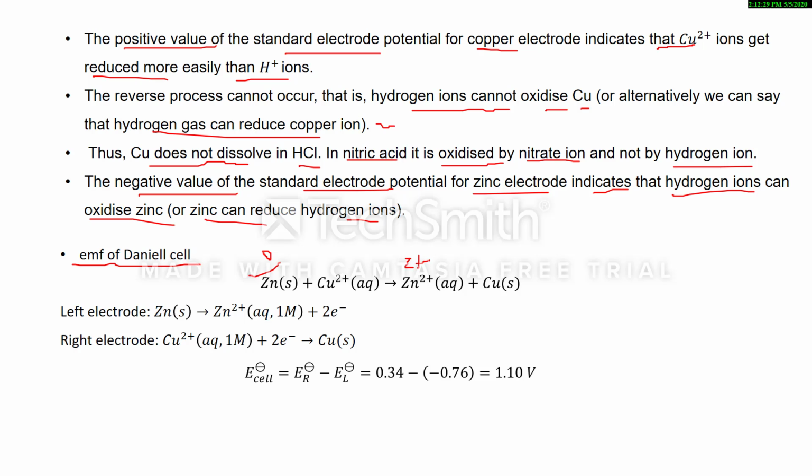That's why an increase in oxidation number is oxidation, and this is the reduction. So the left electrode is oxidation, and the right electrode is copper, which is reduction, and we can find out the EMF or cell potential of this Daniell cell. It is E right minus E left. The right side is the copper electrode, its electrode potential is 0.34 volt, minus the electrode potential of the zinc electrode, which is minus 0.76, and this will come to 1.10 volt.